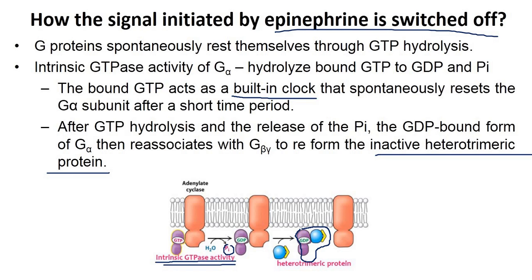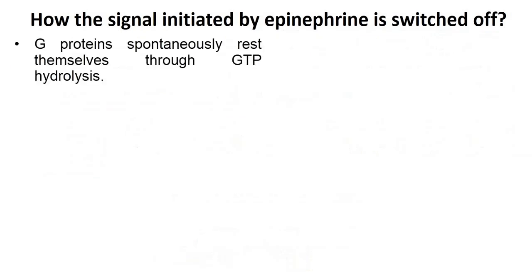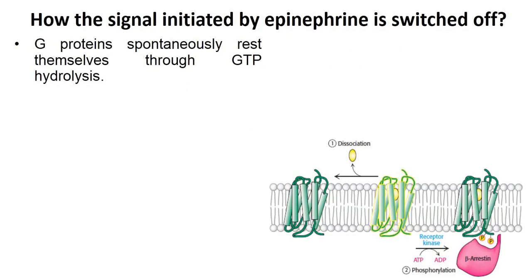The heterotrimeric protein will reassemble and that will control the epinephrine signaling pathway. So how is the signal initiated by epinephrine switched off? G proteins spontaneously reset themselves through GTP hydrolysis.